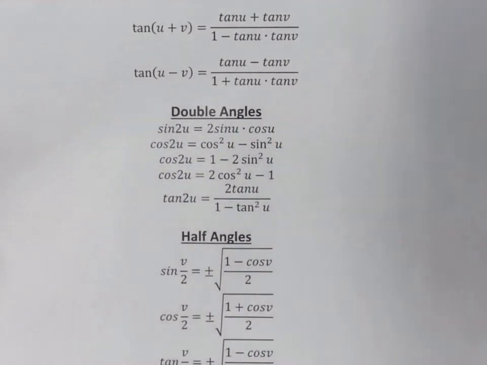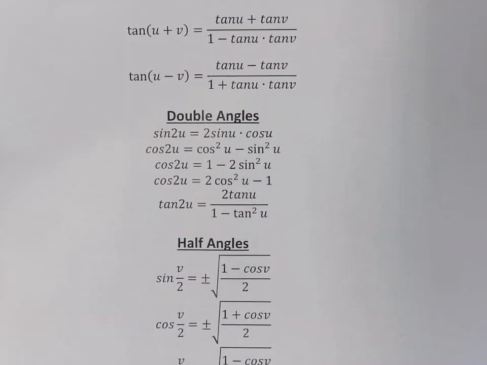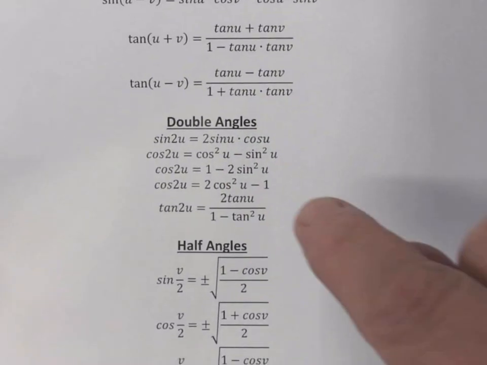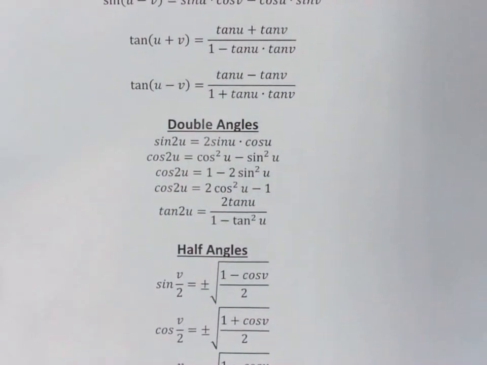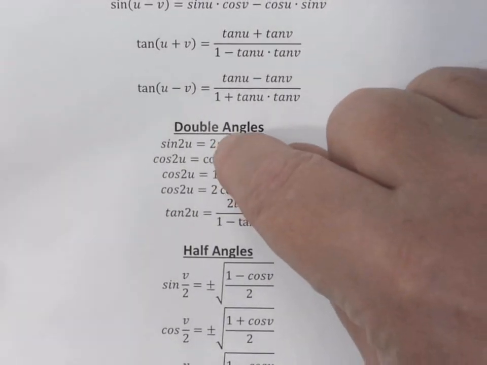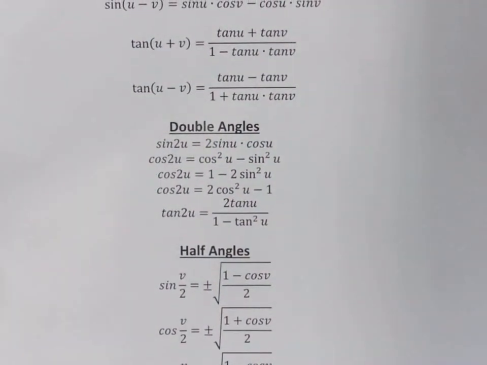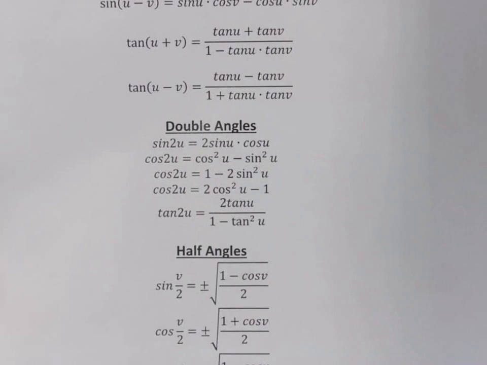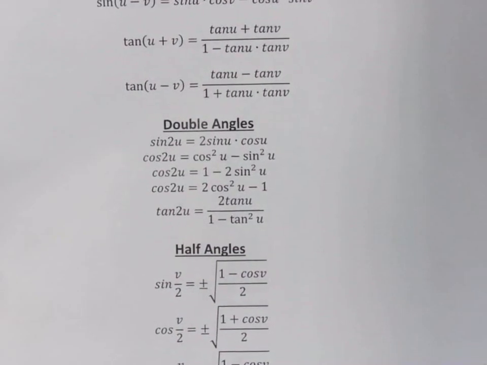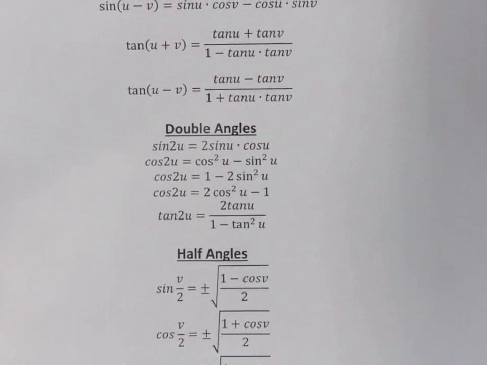So you notice here's a formula, the sine of 2u equals 2 sine u cosine u. So the key thing is you're trying to find the trig function of a double angle. You can rewrite that double angle trig function as just the sine and cosine of the angle. And we'll do a couple problems later on.